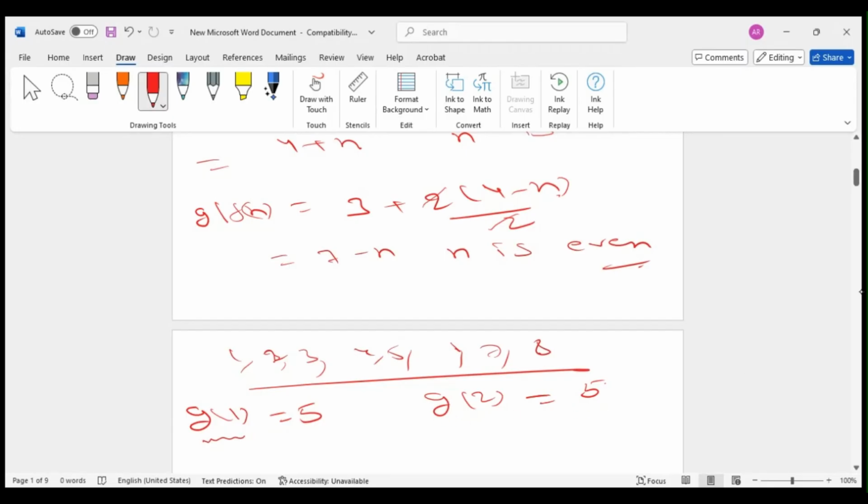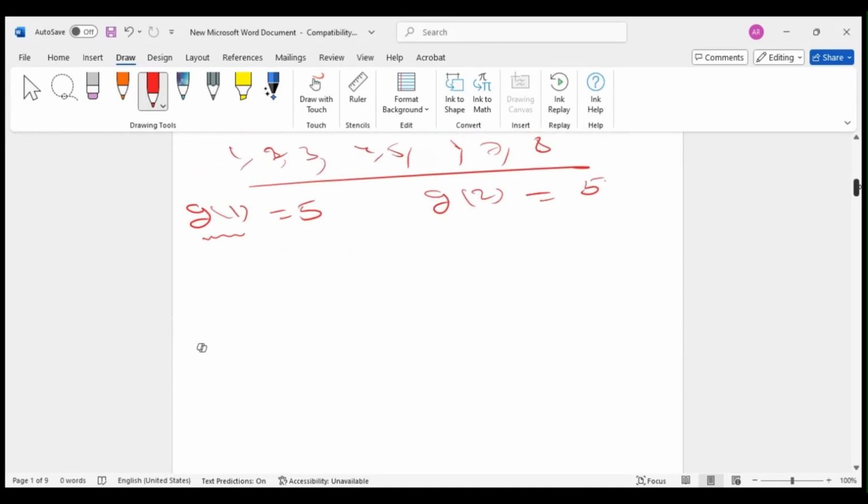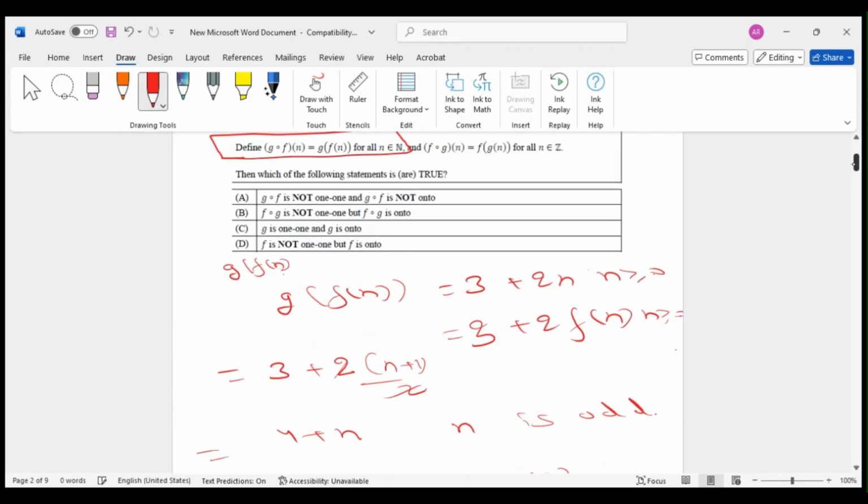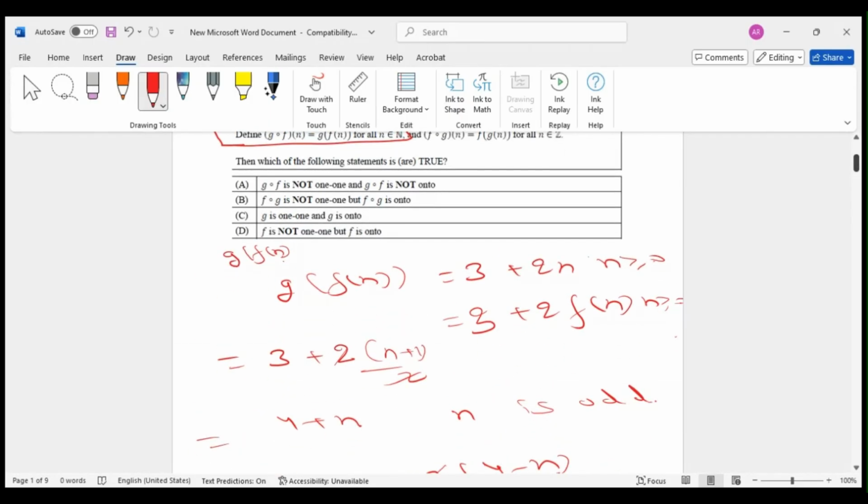Therefore it is not one to one, but it is many to one. So the first part is okay: g of f is not one to one. Now g of f, is it onto? We have to look for it.